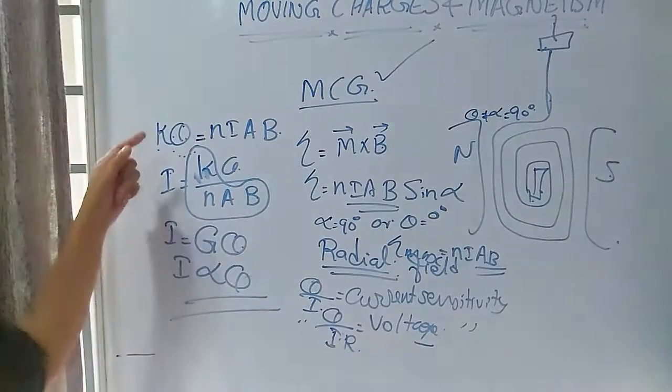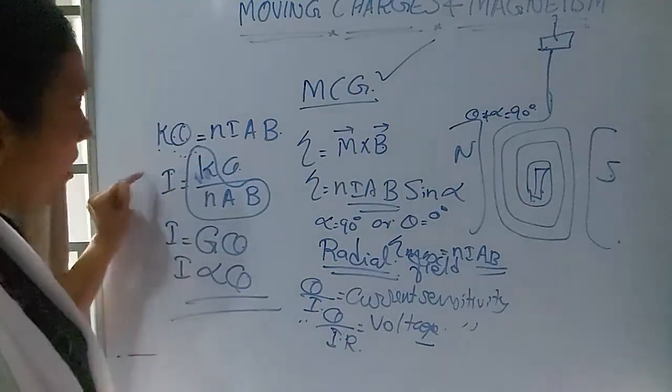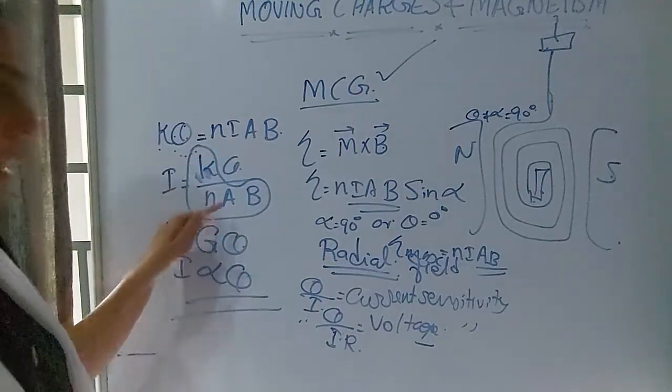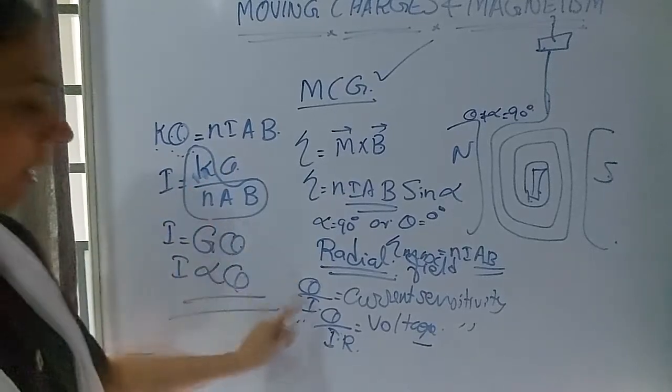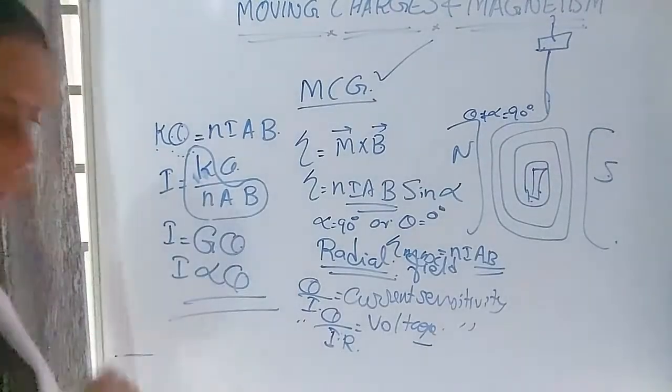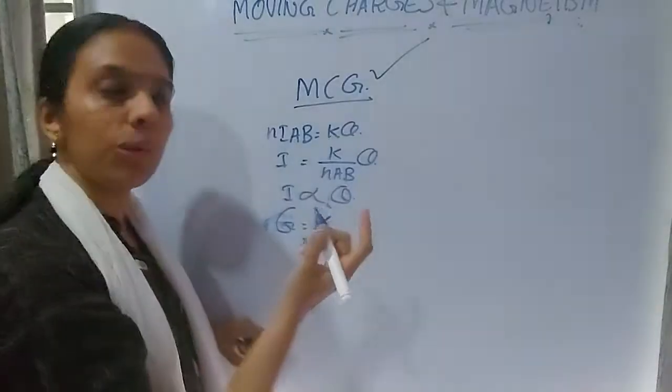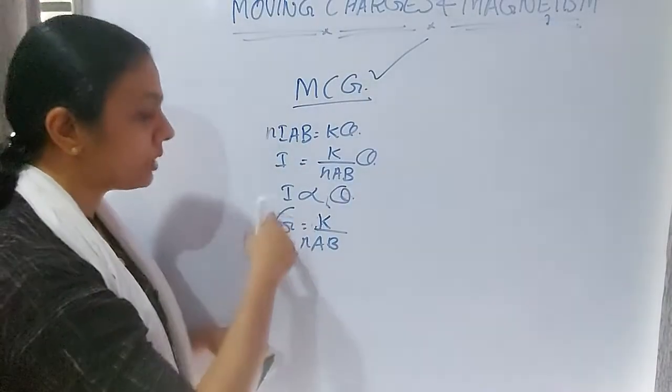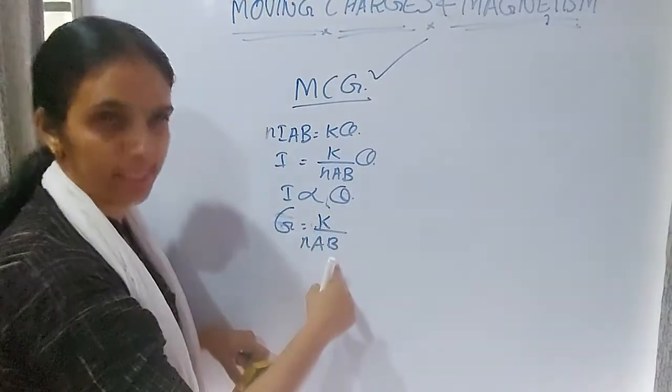Clear, children? So I is equal to K by NAB. If I am substituting that value over here, first I'll rub it and tell. This is the equation which we got, G equals K by NAB.